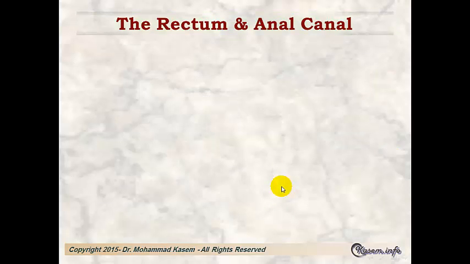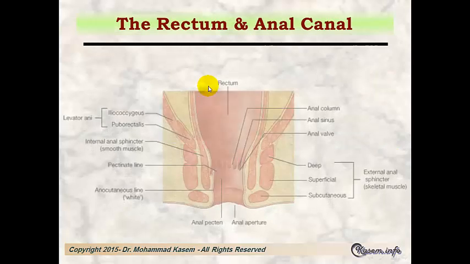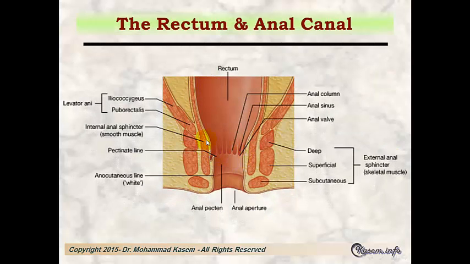Also we'll talk about the sphincters. Very important. The internal anal sphincter is formed by the inner circular layer of the muscle layer of the anal canal.